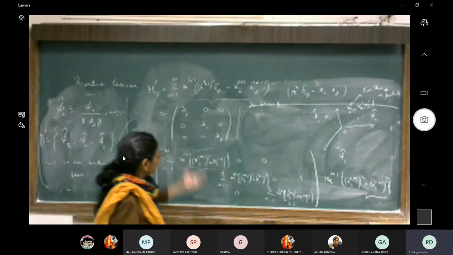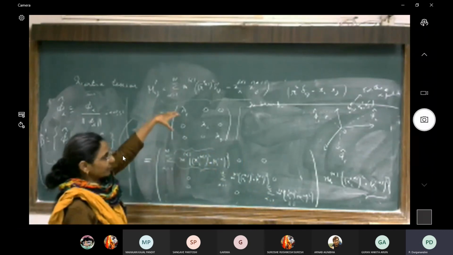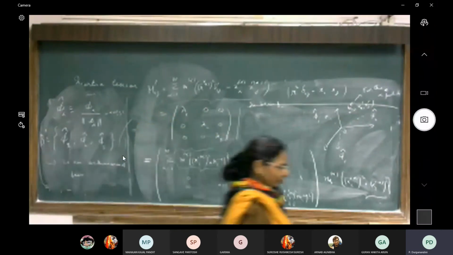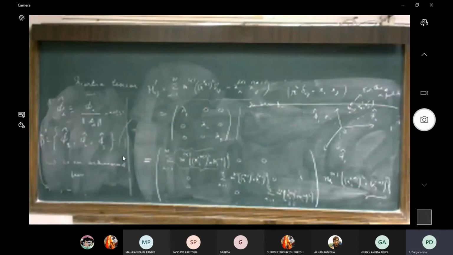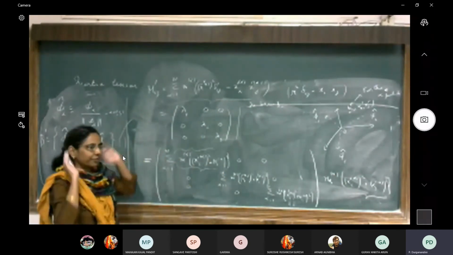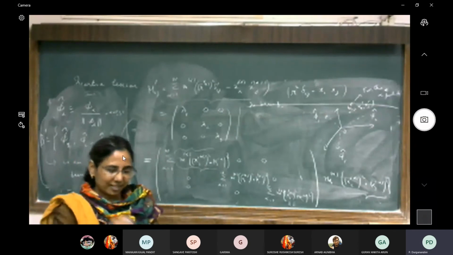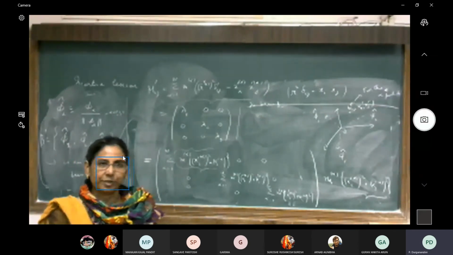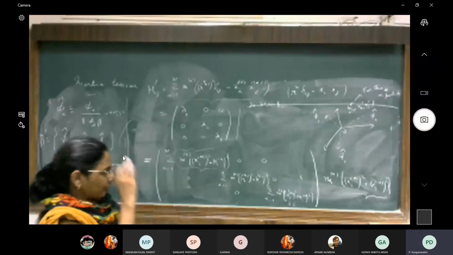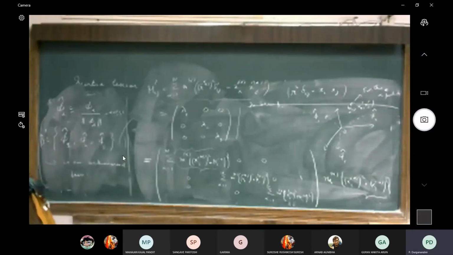So you can see that when I go to the principal axis basis, or to the coordinate axes where I choose my principal axes as the coordinate axes, then what I get back for the diagonal values are nothing but our usual familiar ideas of moment of inertia. That it is the mass times the square of the perpendicular distance of this particle from the axis along which I'm going.